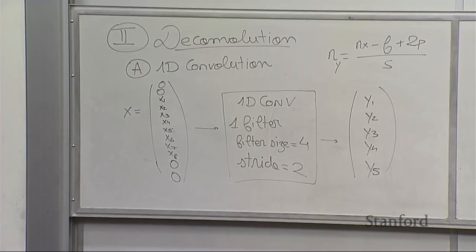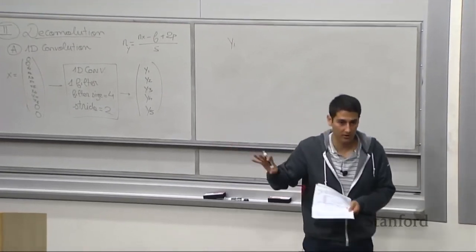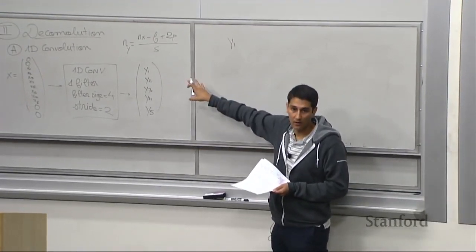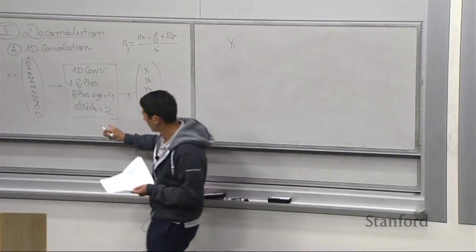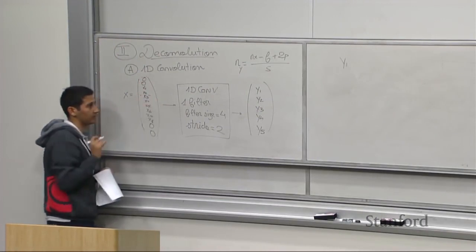So I'm going to focus on this specific convolution for now. I'm going to show now that we can define it as a mathematical operation between a matrix and a vector. The easiest way is to write the system of equations that is underlying here. What is y1? y1 is the filter applied to the first 4 values here.